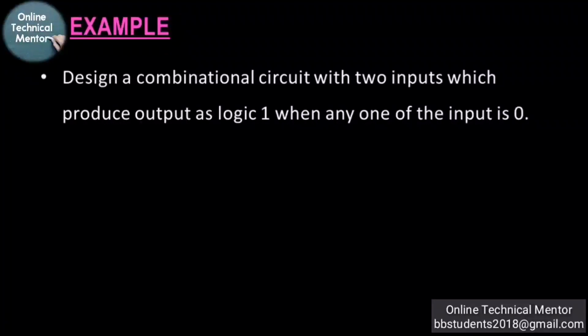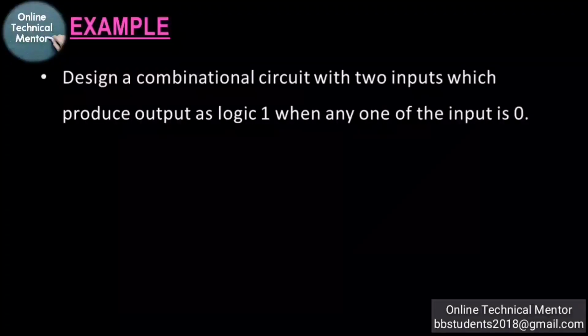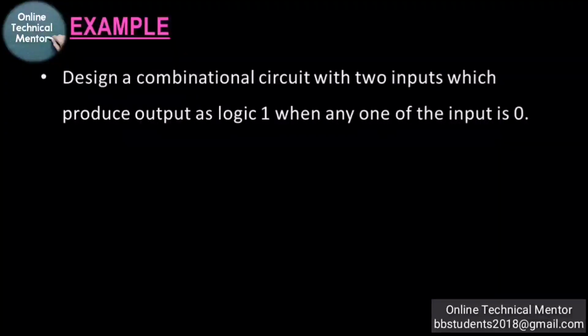Suppose you have understood the problem. Now what you have to do? You have to determine the number of input variables and output variables. So it is already given in the problem that there are two inputs, and from the line produce output as logic 1, that means we are getting a single output over here. So there are two inputs and one output.